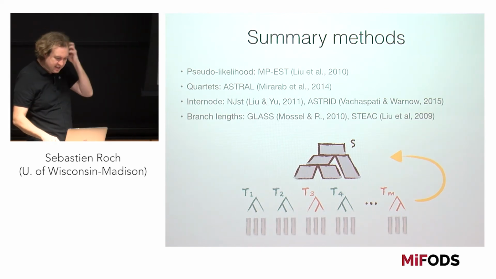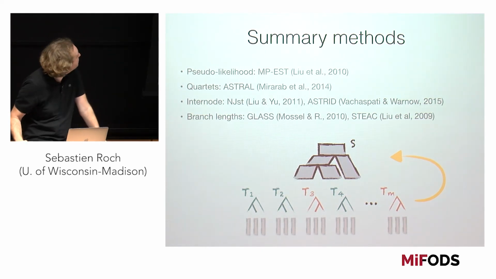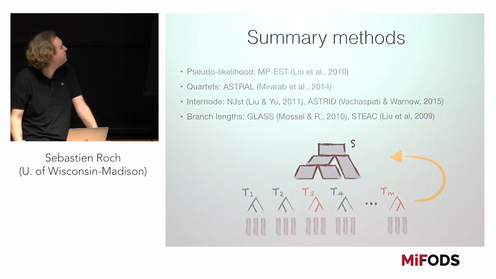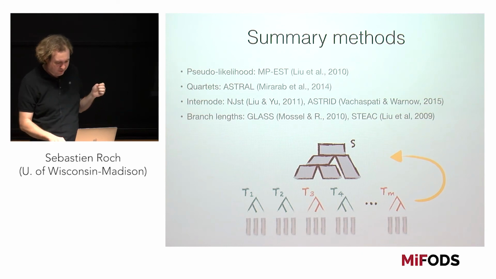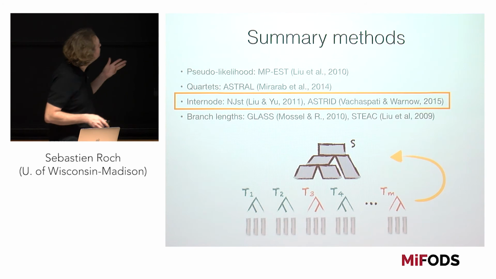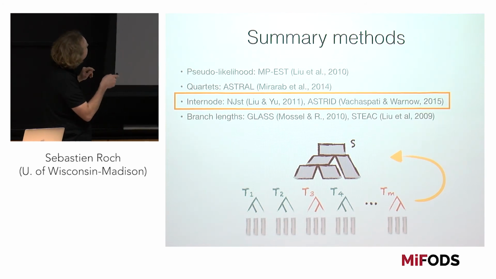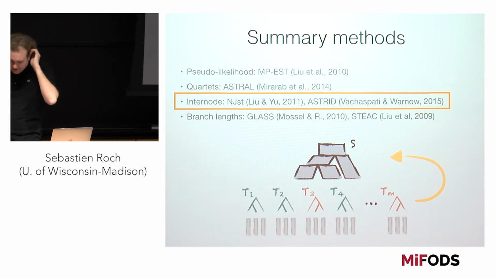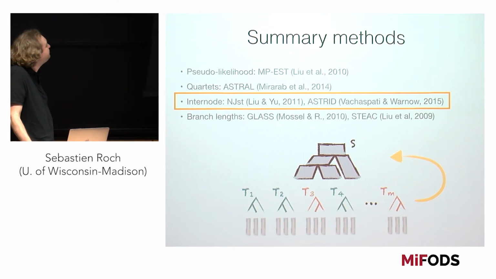And so this is a much more developed area. There's been a lot of work in practical methods and also in theory to understand this particular process, which seems to play a role in many problems. And I'm going to look at one in particular that's used a lot in practice. So this is called NJst or ASTRAL, about which very little is understood in terms of their theoretical properties.